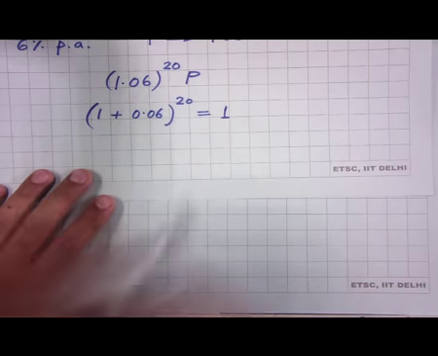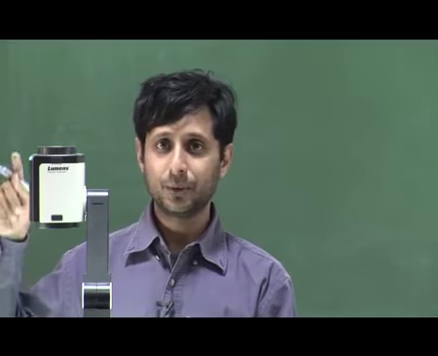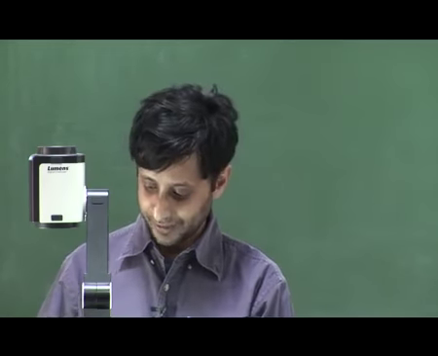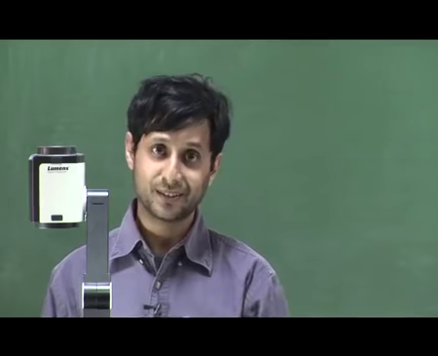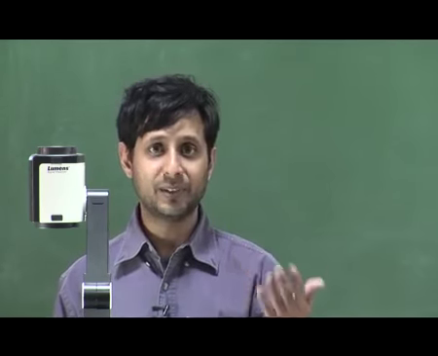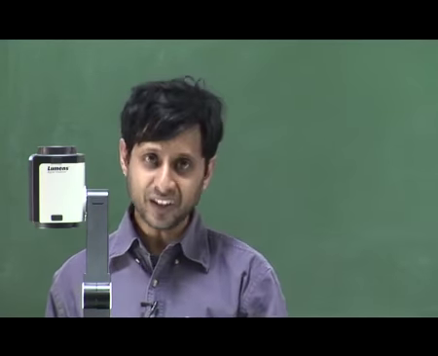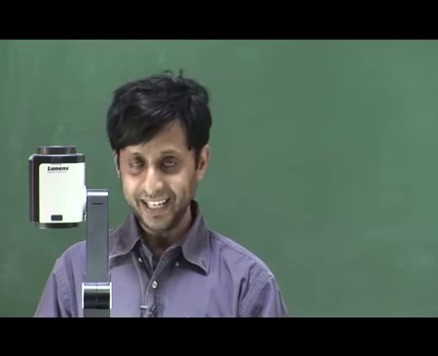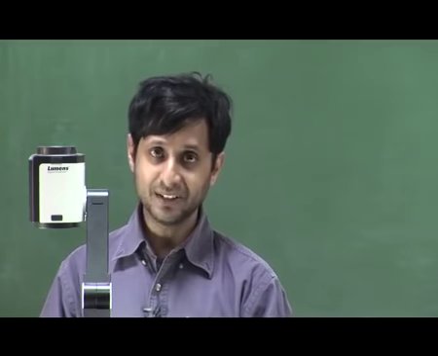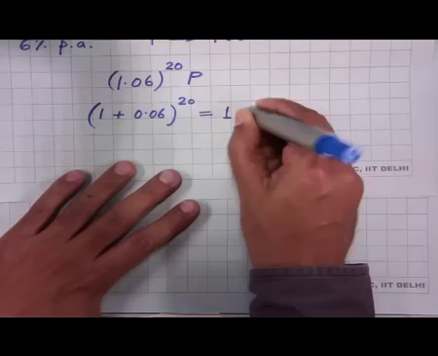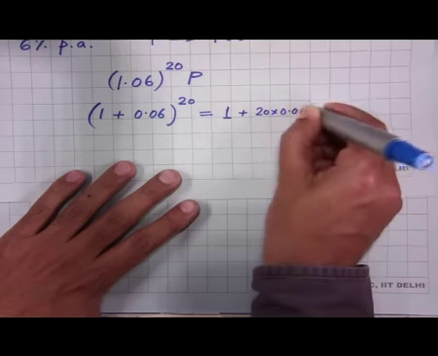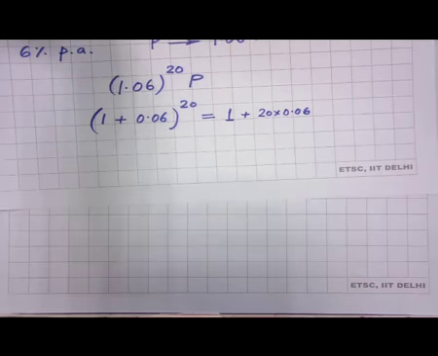So, you get 0.06 times 1 to the power 19, 1 to the power 19 is obviously 1. So, you get 0.06 only, and how many possible ways can you pick the 0.06? There are 20C1, right, which is nothing but 20. All right. So, this is the first term.